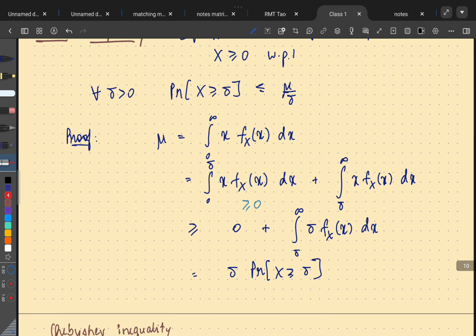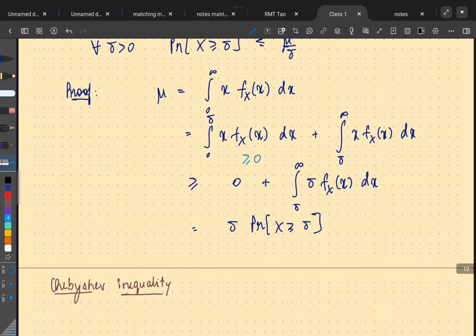Not necessarily. So, for example, let's assume that X is equal to some particular value with probability 1. Let's say X is equal to 1 with probability 1. Then what would I get? What is mu?